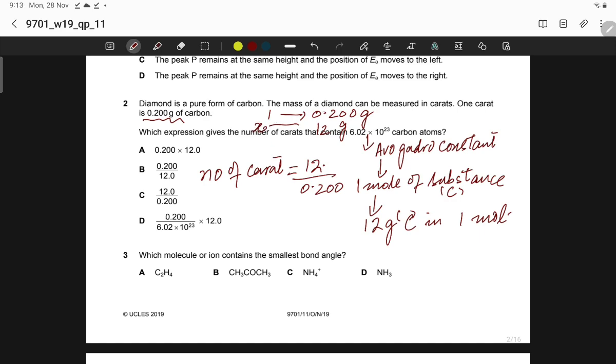So the number of carats, and this is in grams: 1 carat contains 0.200 gram, so 12 gram is x. Cross multiply, so the number of carats is equal to 12 over 0.200. So this is the C option.